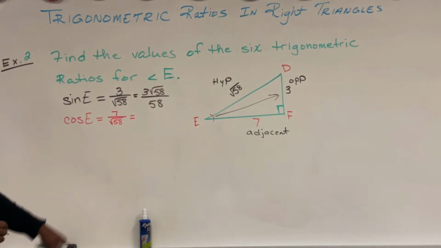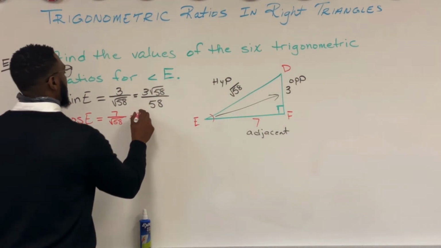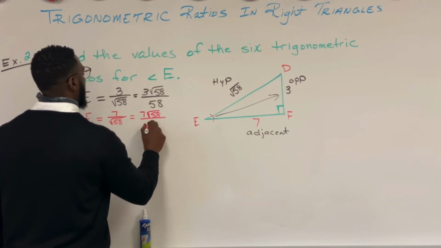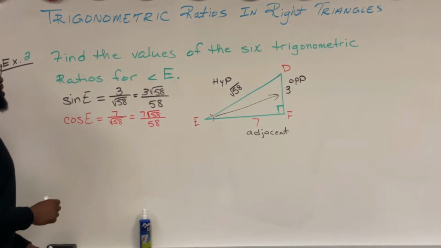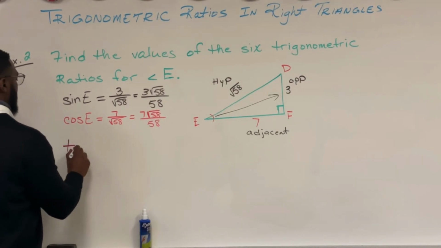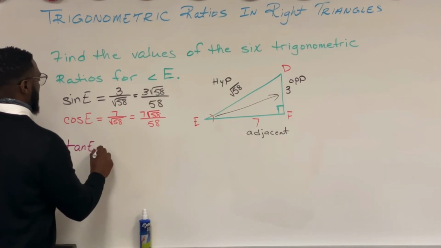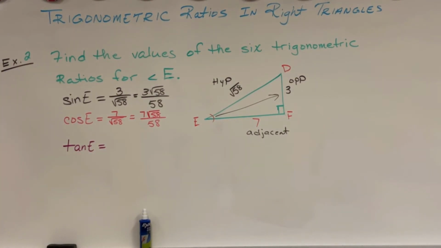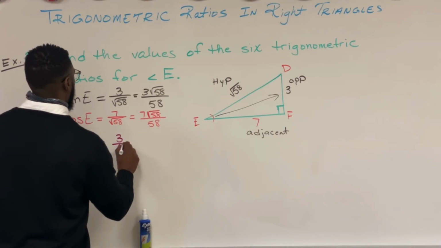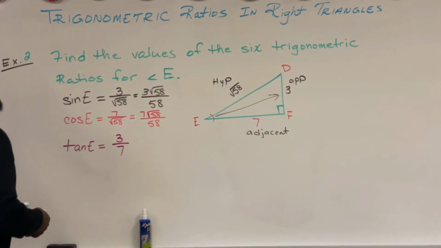We know that the radical can't be in the denominator. 7 square root of 58 over 58. Tangent. Opposite over adjacent. 3 over 7.